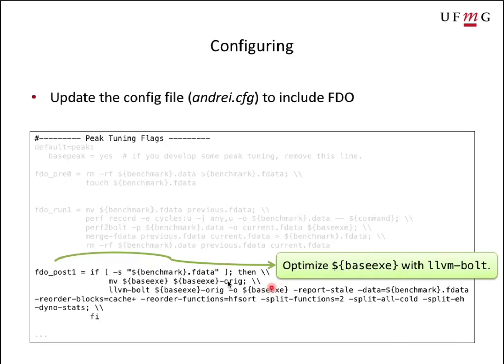So in order to do that, I just back up the original one and use this original one as base for the optimized. And then we can load the F data that we collected. So this is quite scripted. Can you see? We are just doing an if statement here. I just did this because sometimes if perf does not collect enough information, this file can be empty in the end. So I just test if it's not empty, we can do this kind of thing.